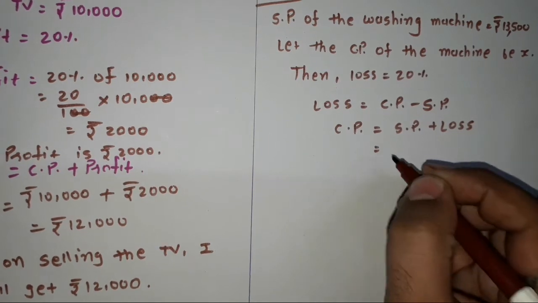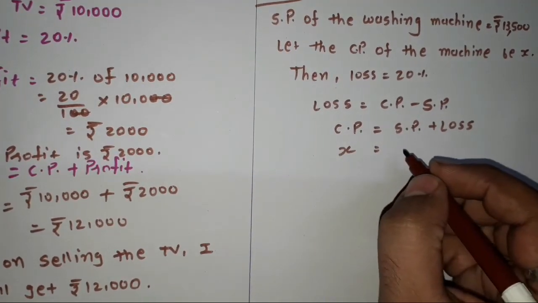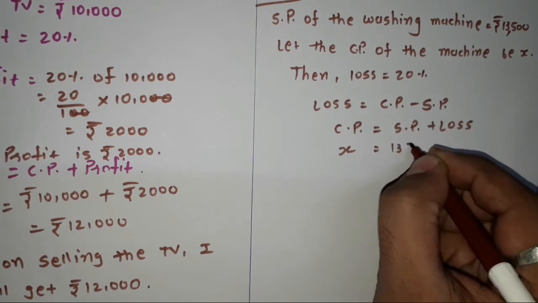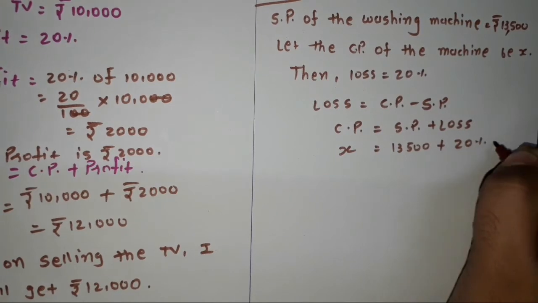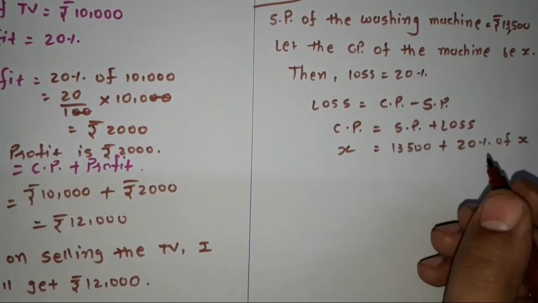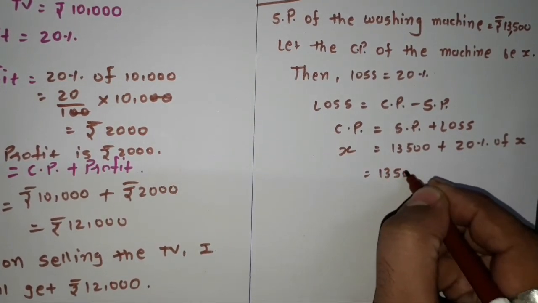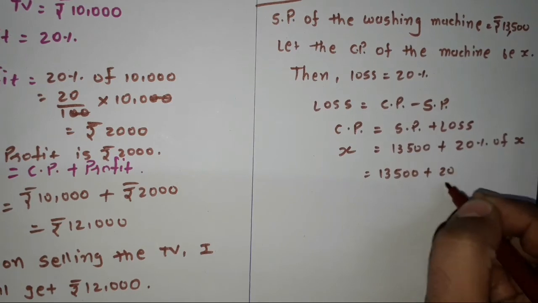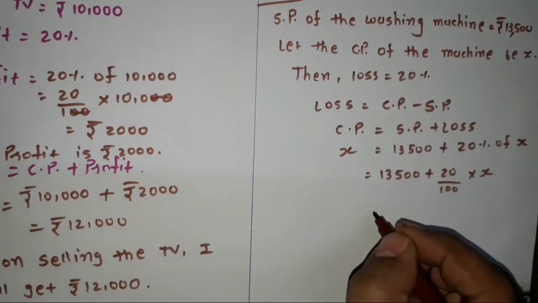The cost price we assumed as x, the selling price is 13,500, plus the loss, which is 20% of x. So x = 13,500 + (20/100) × x.